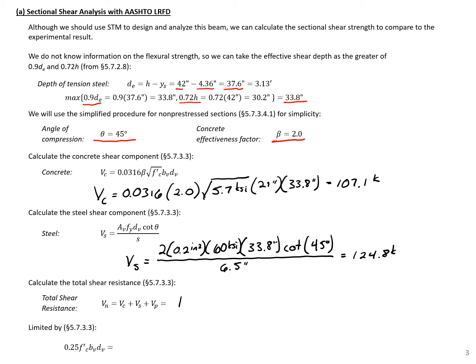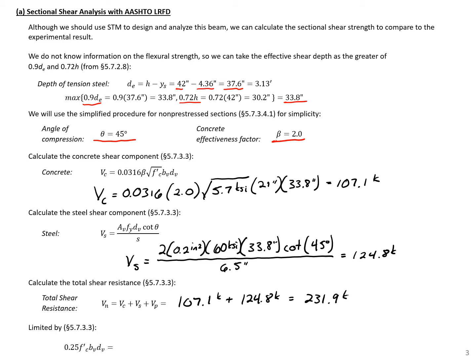So we can add these together then. 107.1 plus 124.8 will give us a total shear capacity of 231.9.